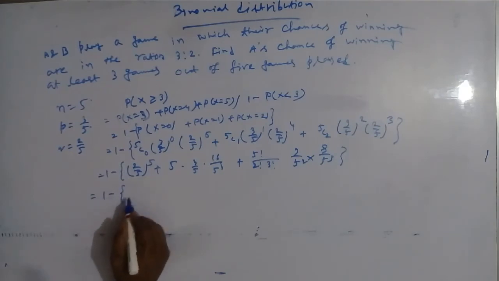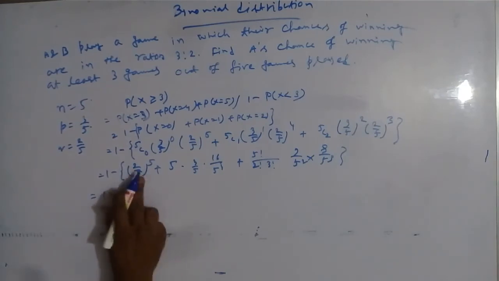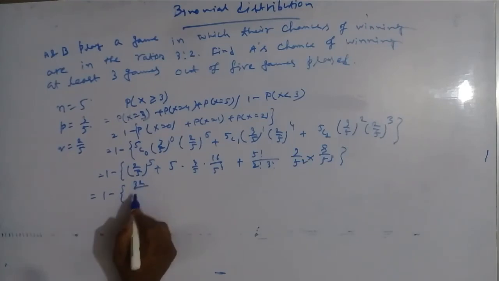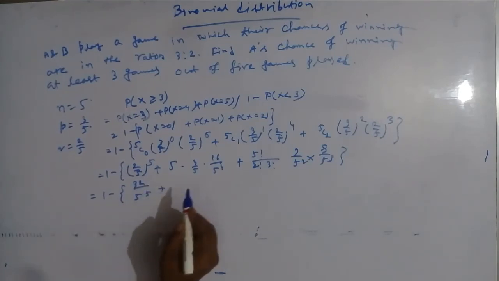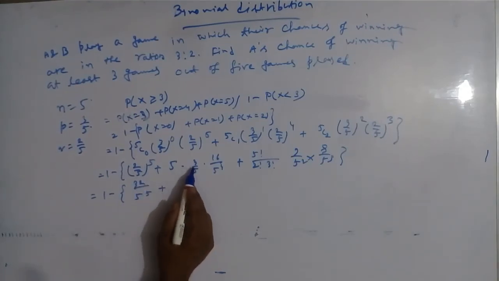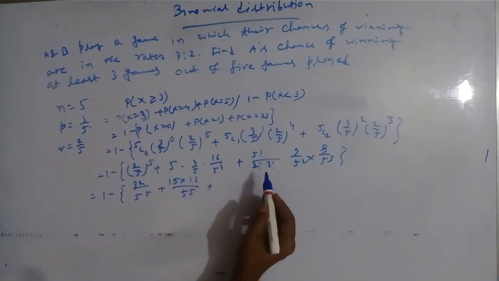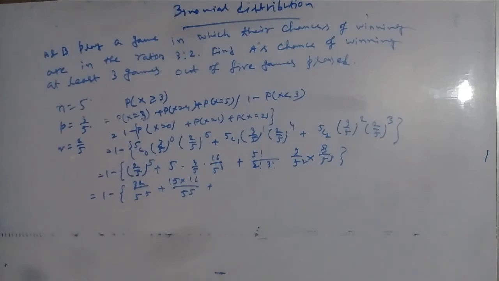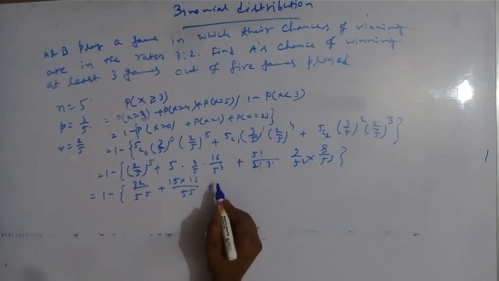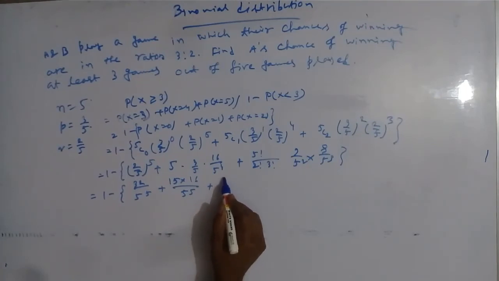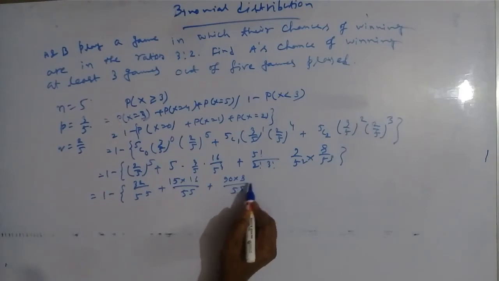So 1 minus 2 to the power 5, that is 32 by 5 to the power 5, plus 5 into 3, 15 into 16 by 5 to the power 5, plus 5 factorial by 2 factorial 3 factorial, it will be 20 by 2, that is 10. So 10 into 9, 90 into 8 by 5 to the power 5.